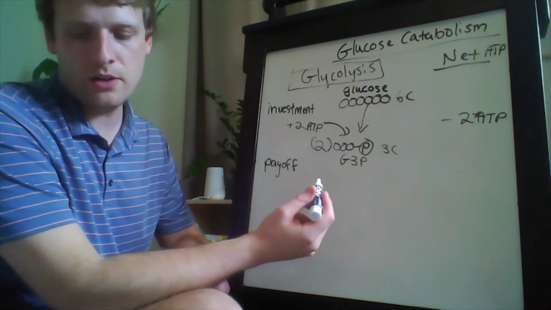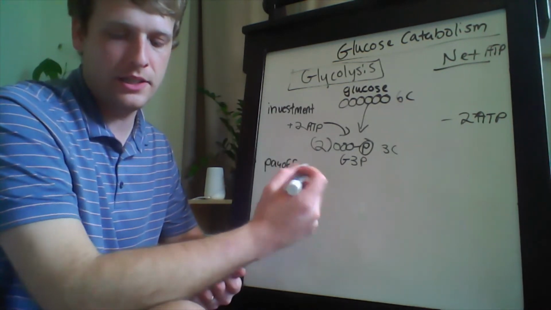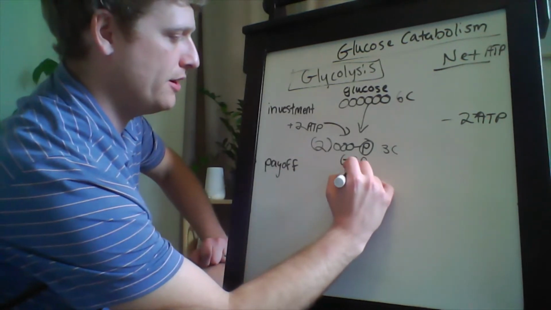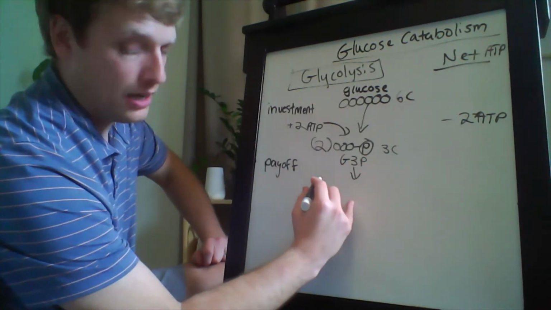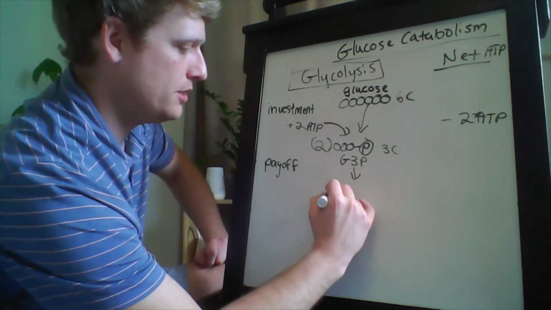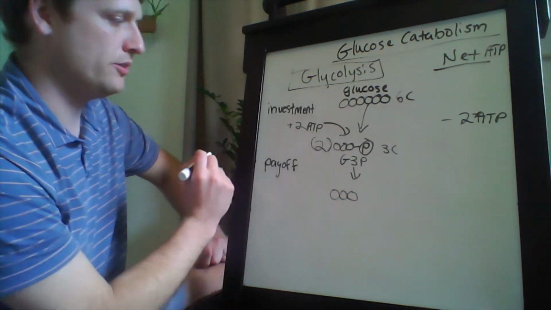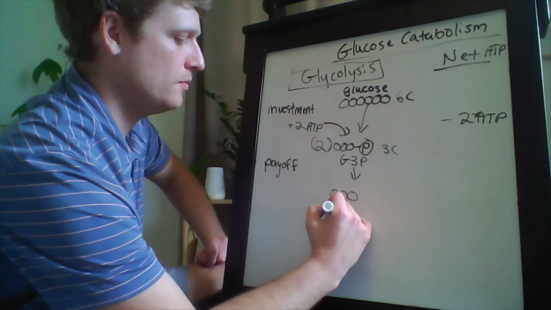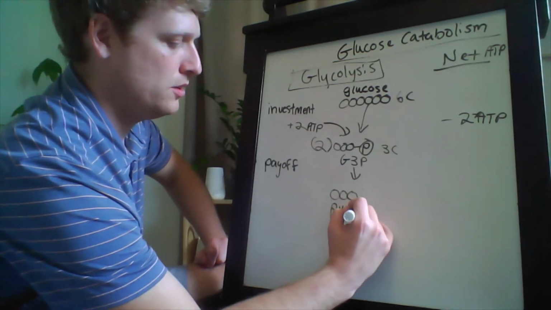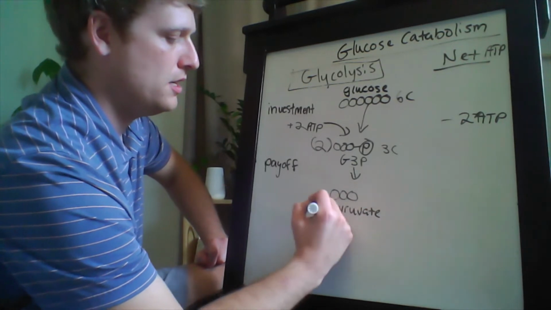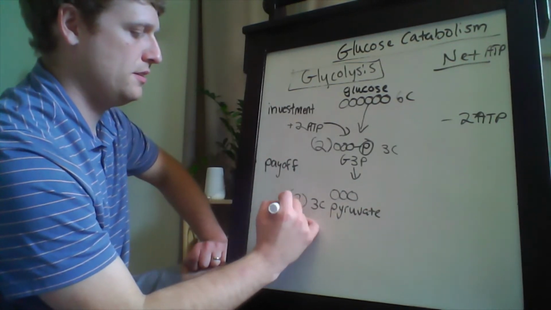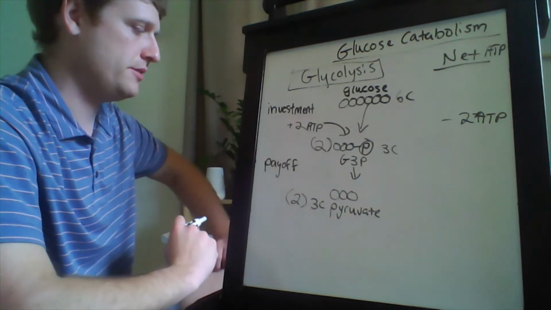So what do we do now once we've got these two glyceraldehyde 3-phosphates? Those are going to be converted into a molecule called pyruvate, which is still a 3-carbon molecule. Basically, you've removed those phosphates now. And you're left with 2 of these 3-carbon pyruvate molecules.